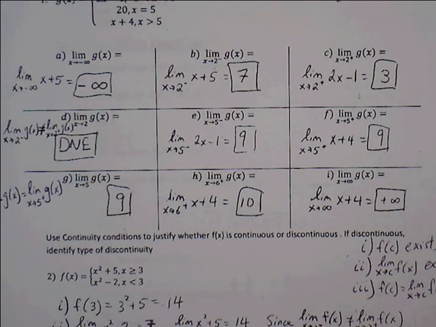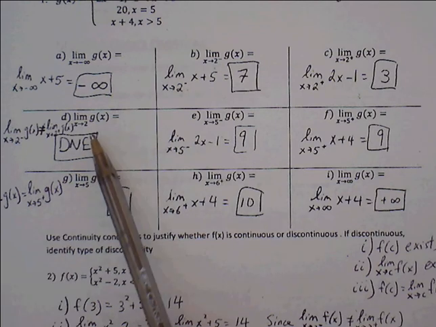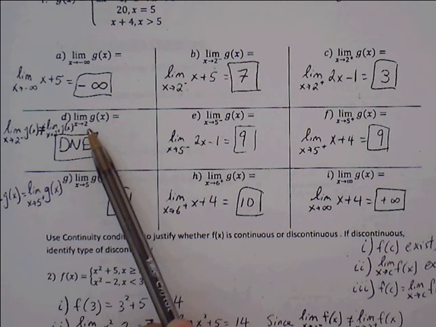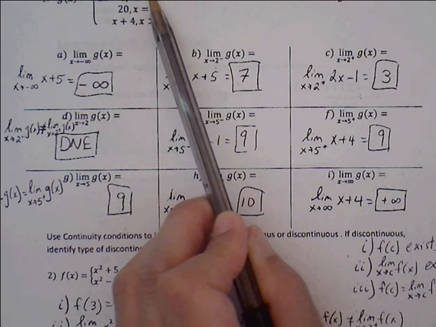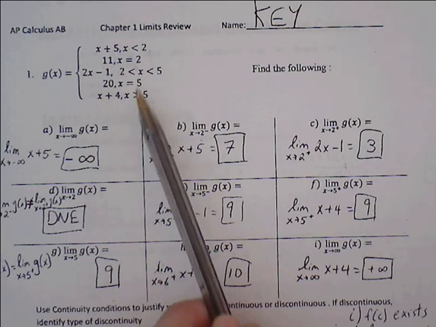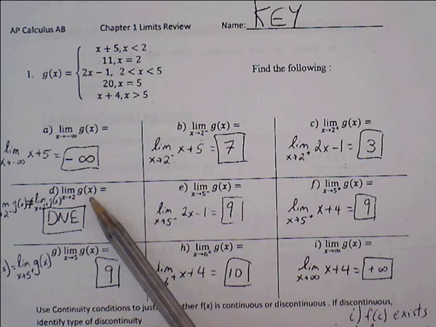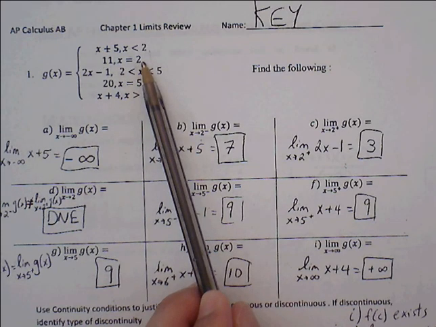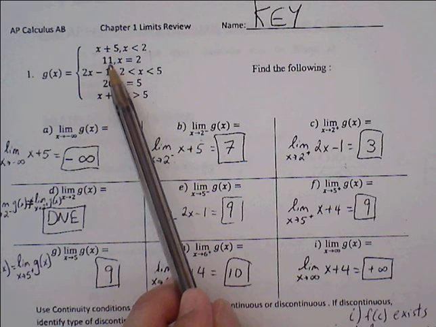Part D, limit as x approaches 2. Again, the tendency is students may want to directly use the ordered pair that's provided. The ordered pair is 2, 11. But we have to be careful. This will definitely be the case if it's asking for f of 2. If it's only asking for the ordered pair at 2, then 11 will be the right answer.